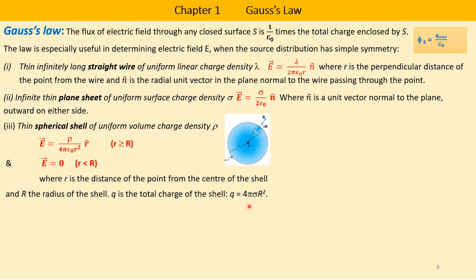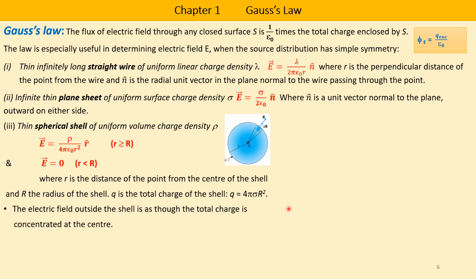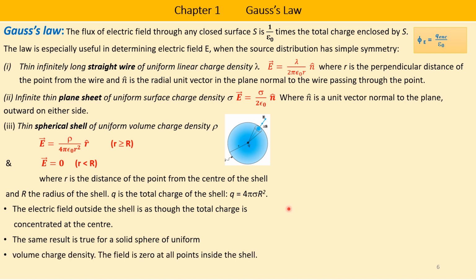Q is equal to 4 pi R square sigma. The electric field outside the shell is as though the charge is concentrated at the center. The same result is true for a solid sphere of uniform volume charge density. The field is zero at all points inside the shell.